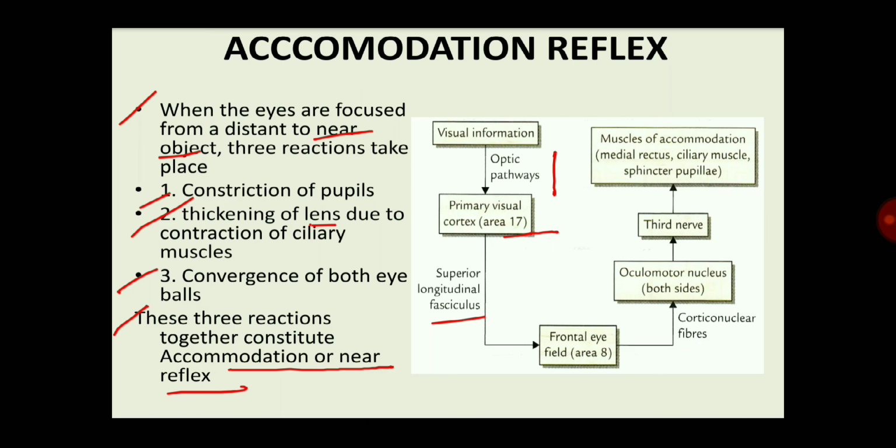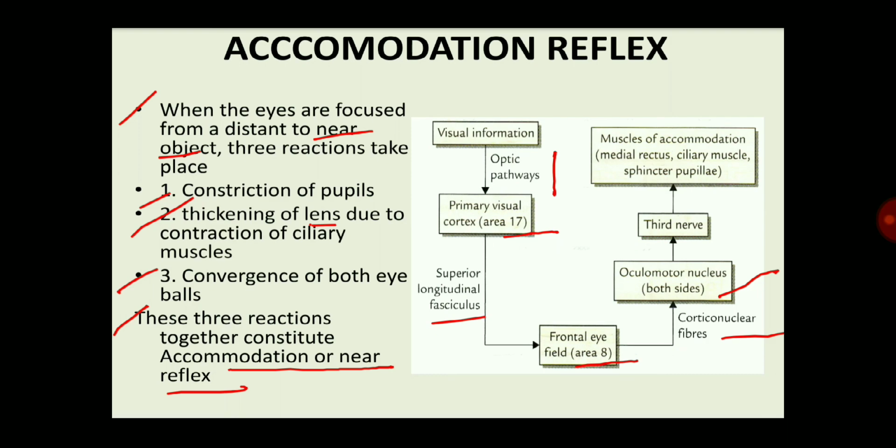So ultimately this information reaches the frontal eye field, that is area 8. From area 8, via the corticonuclear fibers located in the internal capsule, it reaches the oculomotor nerve of both sides.